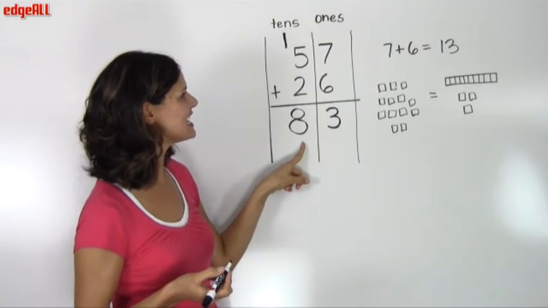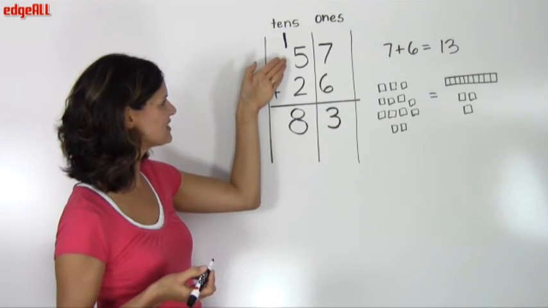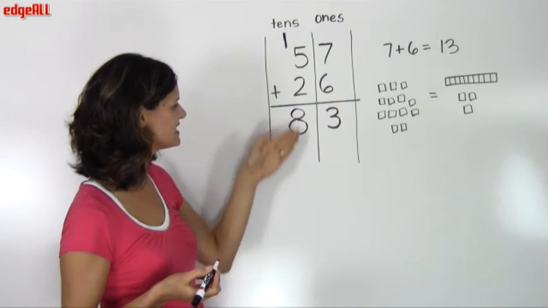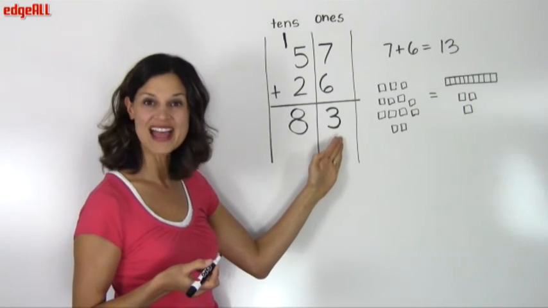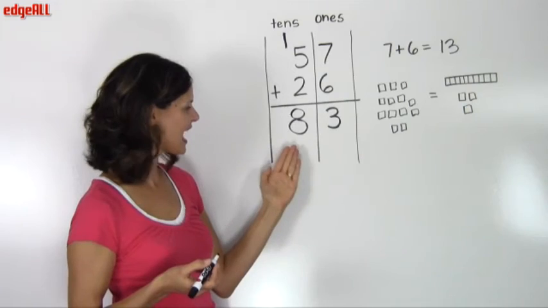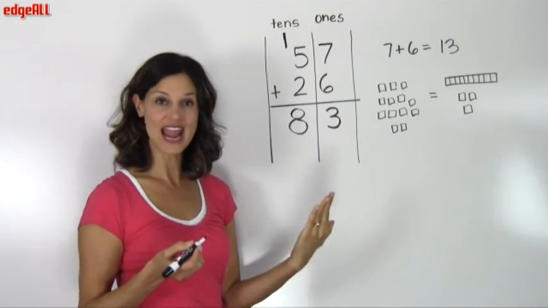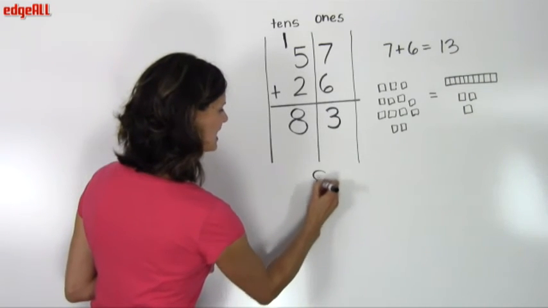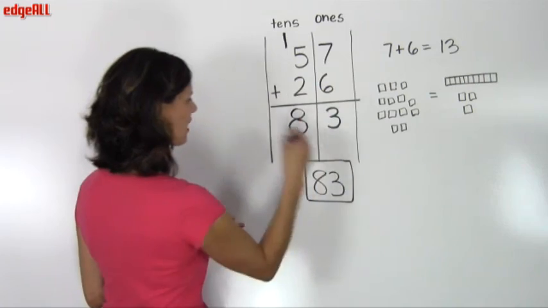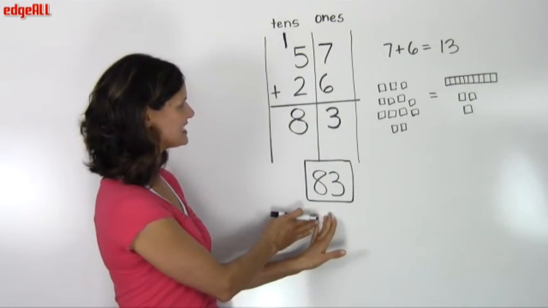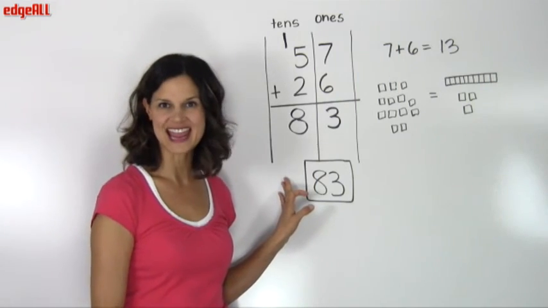As you can see, this addition is the same as adding the 1 ten plus 5 tens plus 2 tens to give us 8 tens, and then our 3 ones from here. So having 8 tens and 3 ones gives us our answer of 83. I'll write it here without the columns around it, and we can see that 57 plus 26 equals 83.